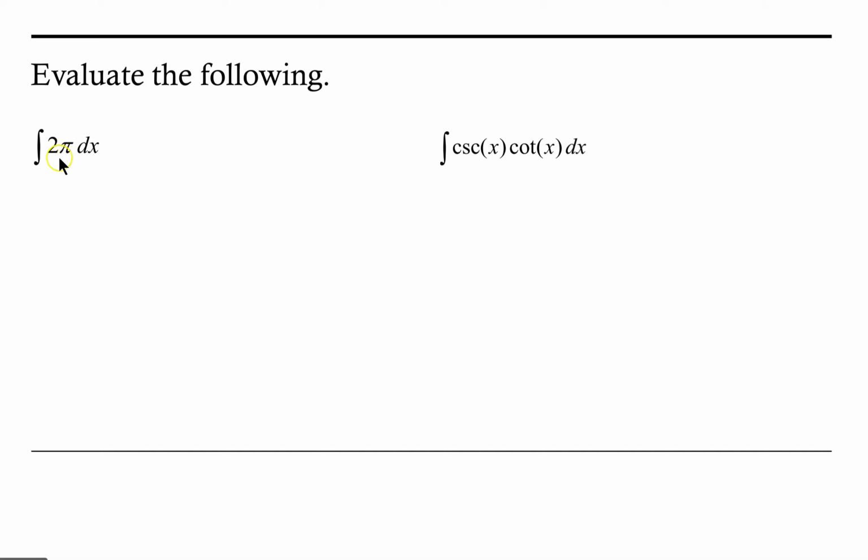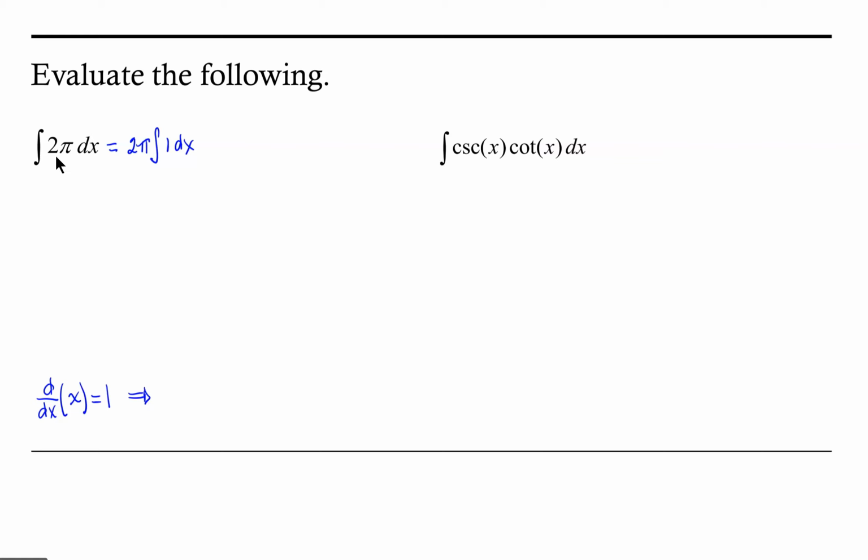So I see I have 2 pi here. What I'm going to do is bring that coefficient of 2 pi in front of my integral, and think of this instead as being 2 pi times the integral of 1 dx. Now, we recall that the derivative with respect to x of x is equal to 1.